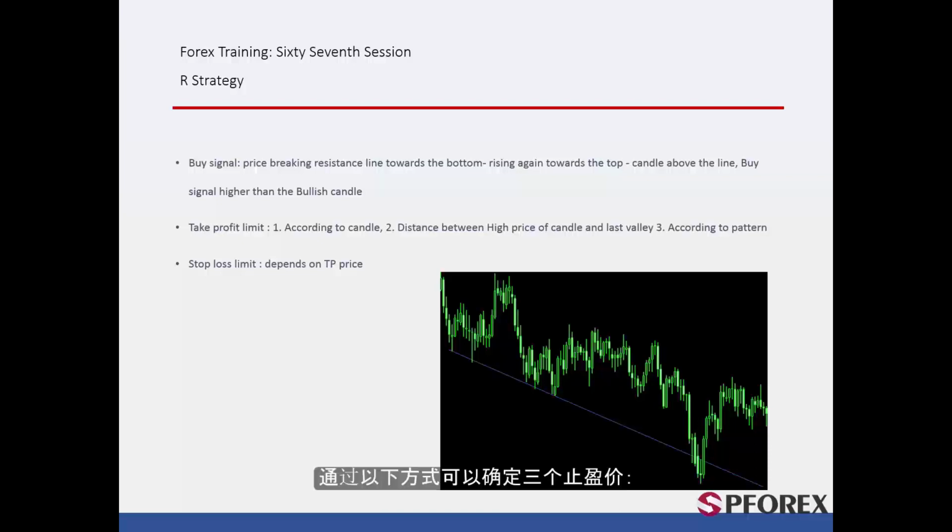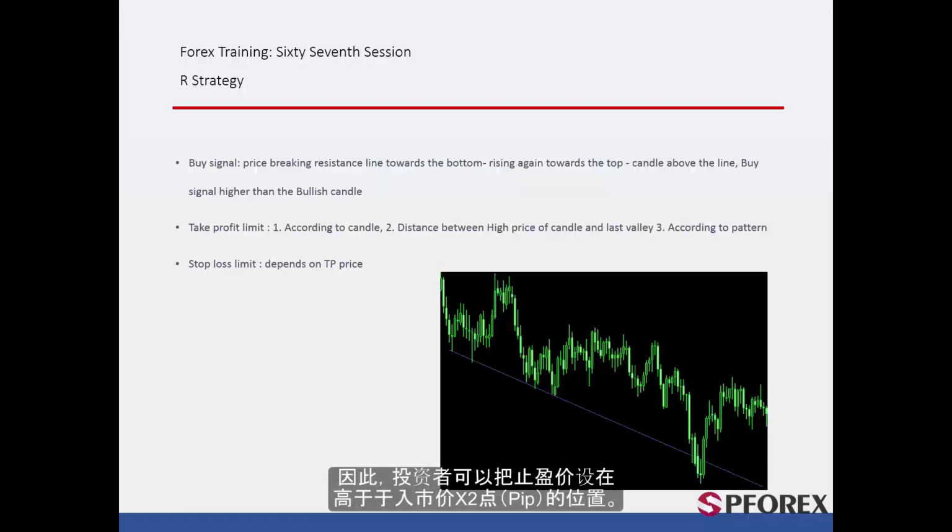3 take profit prices can be derived as follows. 1. The length of the bullish candle that forms above the resistance line equals x1. Thus, the first TP price can be x1 pips higher than the entry price. 2. The distance between the high price of the given candle and the low price of the candle on the last valley equals x2.